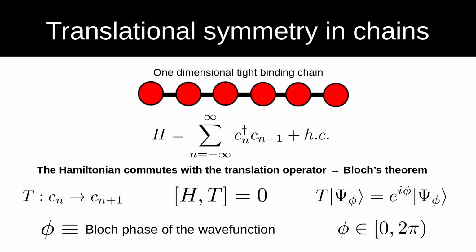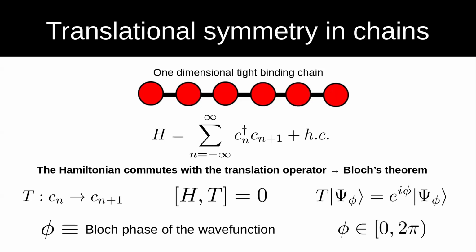What that actually means is that there's a common basis for the Hamiltonian and the symmetry operation. In other words, we can find eigenstates that are simultaneously eigenstates of the Hamiltonian and eigenstates of the symmetry operation. And of course, those eigenstates pick a certain eigenvalue when the symmetry operation is applied.